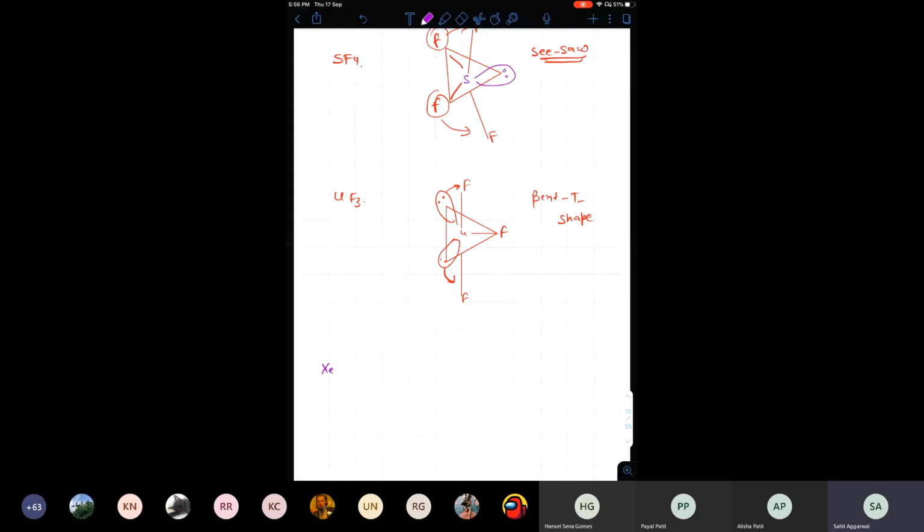If we take XeF2, it will be a linear shaped molecule. Understood?